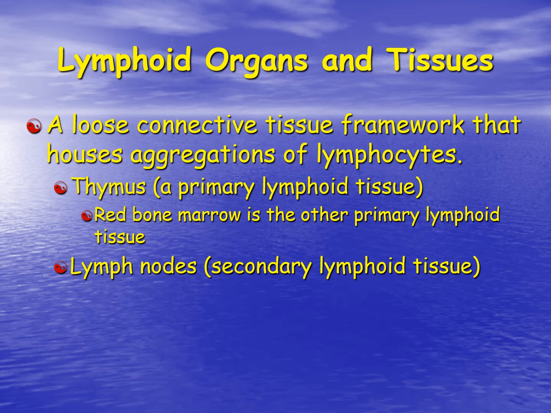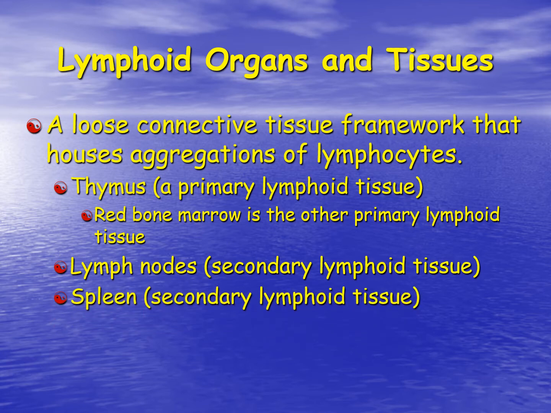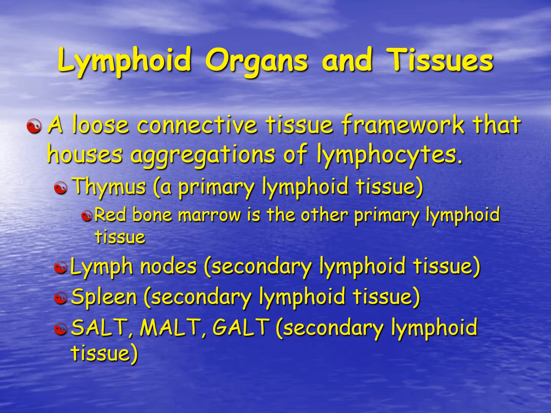Secondary lymphoid tissues include the organized lymph nodes that are associated with the lymphatic vessels, the spleen, which actually cleans both blood and lymph, and the secondary lymphoid tissues that are unorganized, such as, again, the MALT, the GALT, the skin-associated lymphoid tissue, breast-associated lymphoid tissue, and even the tonsils and adenoids.